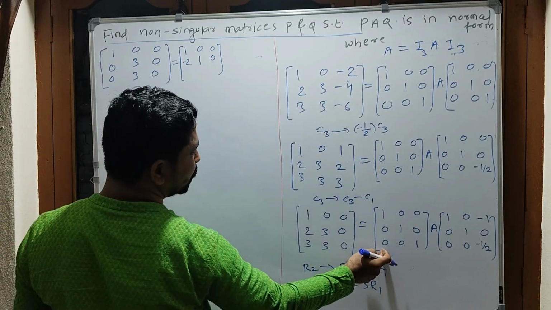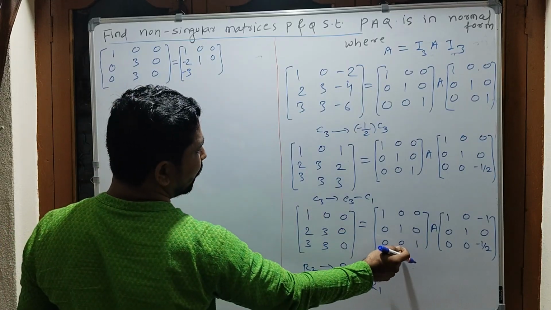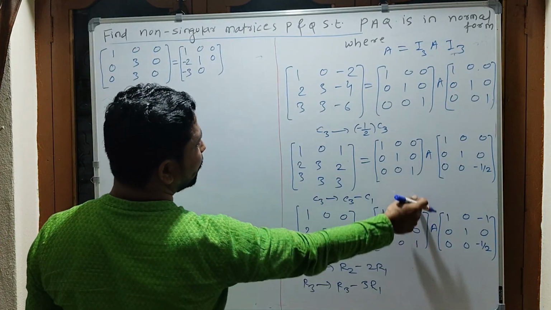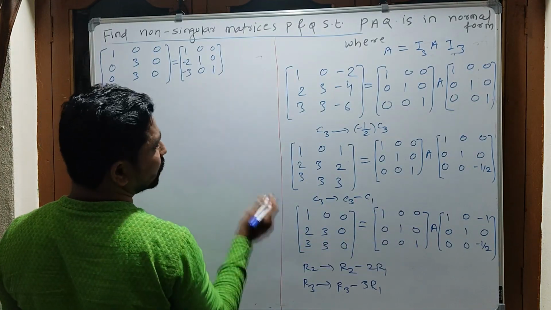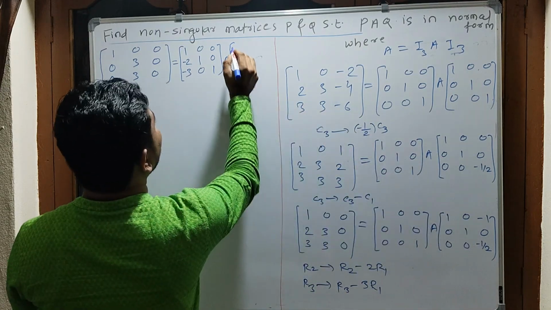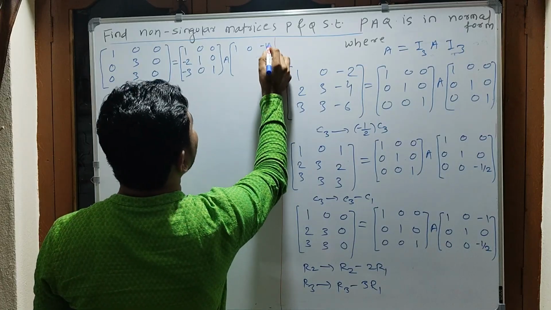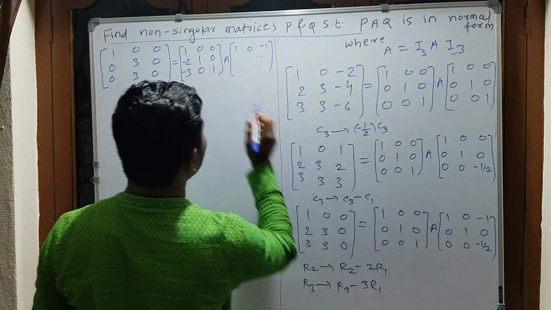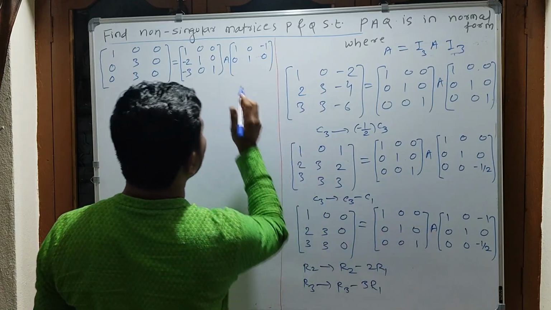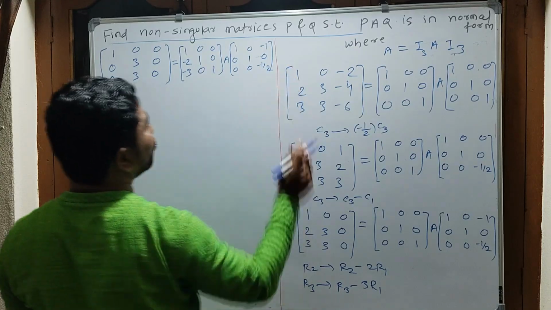Now 0 minus 3 times 1, simply minus 3, and 0 minus 0 is 0, 1 minus 1 is 0, 1. Now A is as it is. Now write this matrix as it is: 1, 0 minus 1, and this is 0 1 0, and third row 0 0 and minus 1 by 2.